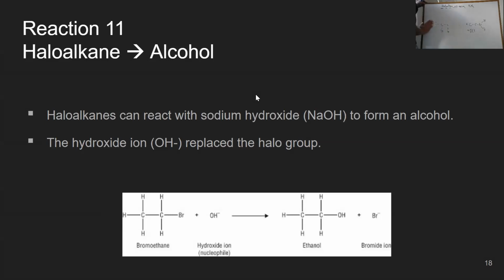So we can also do the same thing and produce an alcohol. So the thing to remember is these are substitution reactions where we're substituting the functional group with alcohol.